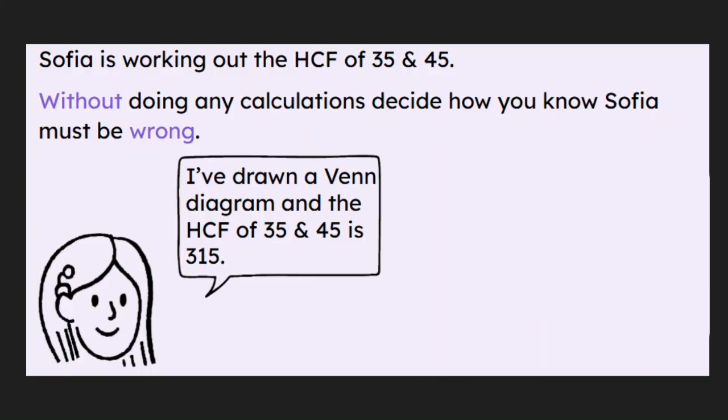Okay, so last lesson we learned something that helps us here, and if we take a close look at these numbers, we can notice something. We have 35, 45, those are our base numbers, right? So we're looking for factors of these. And then Sophia is saying that the highest common factor is 315, which is bigger than these numbers.